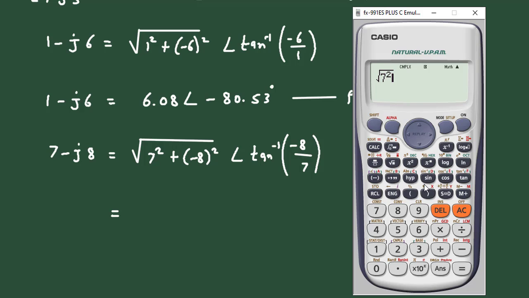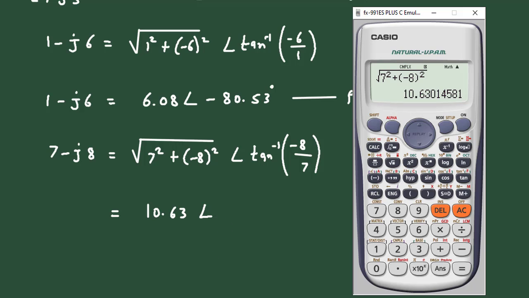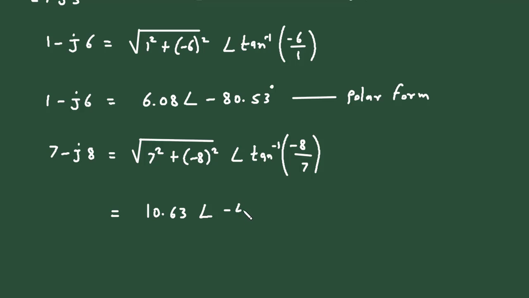Under root of 7 square plus minus 8 square is 10.63, at an angle tan inverse of minus 8 by 7, minus 48.81 degree. So 7 minus j8 is in polar form again.